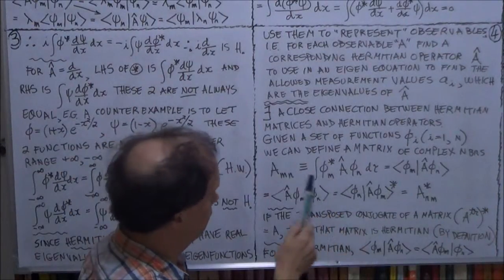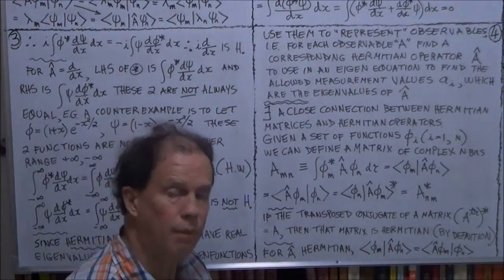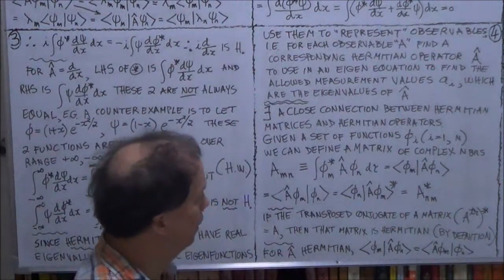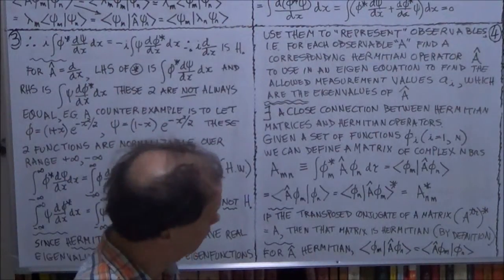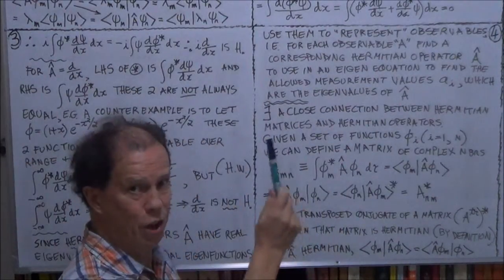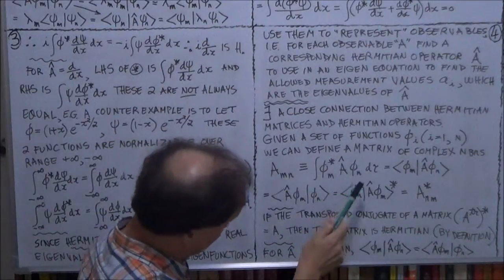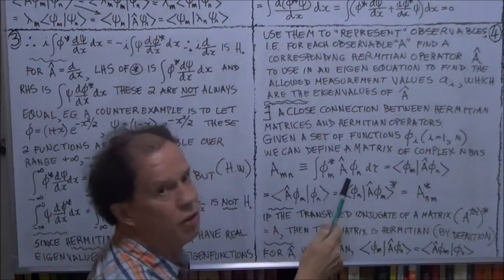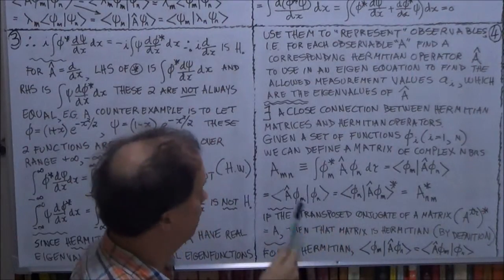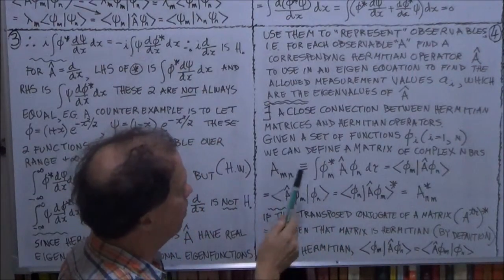Now, if this matrix is to be a Hermitian matrix, this operator has to be a Hermitian operator, times phi n. In general m and n will be different, although you can have diagonal elements mm.